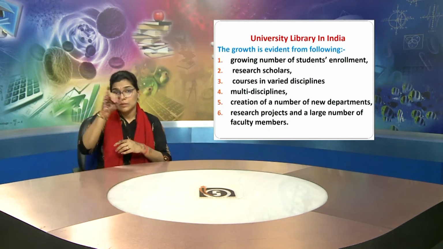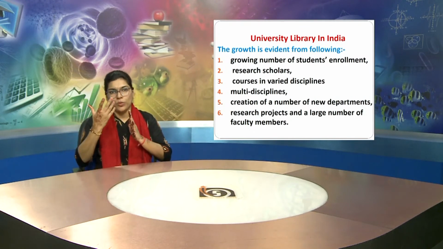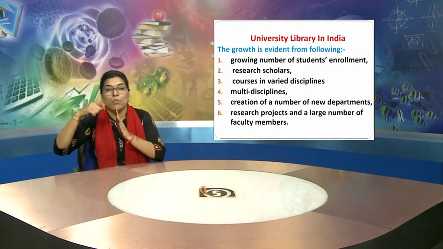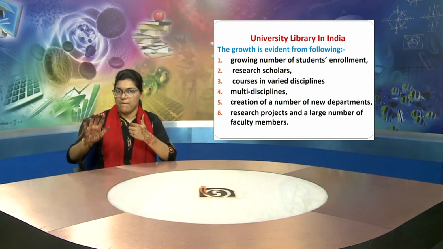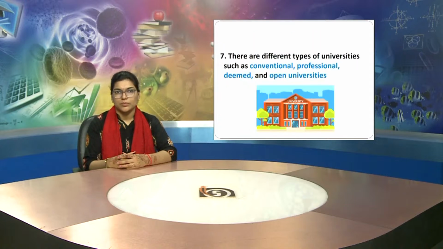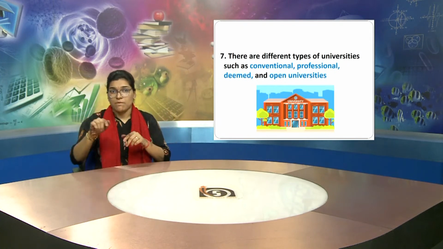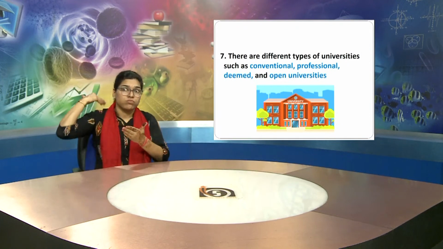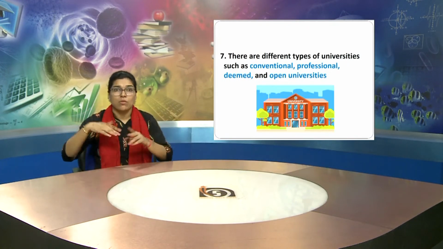And then the fifth point explains that sometimes new departments are created, and whatever new departments we have, there would be new faculty members and new staff members. So that is the kind of growth which is included. And the sixth point explains the research projects and a large number of faculty members. The seventh point explains that there are different types of universities, mainly of 4 kinds.